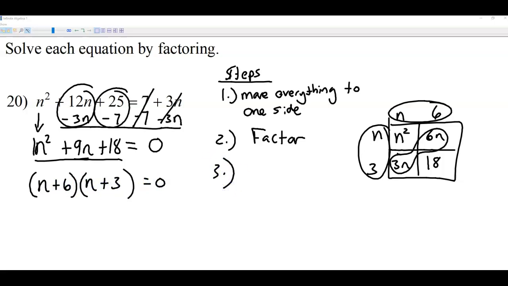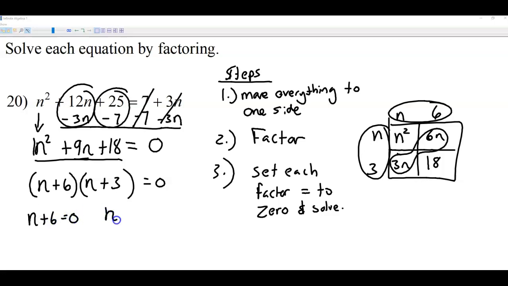The next step is to set each factor to 0. And solve. And at that point, we should be done. So we do n plus 6 equals 0, and n plus 3 equals 0.